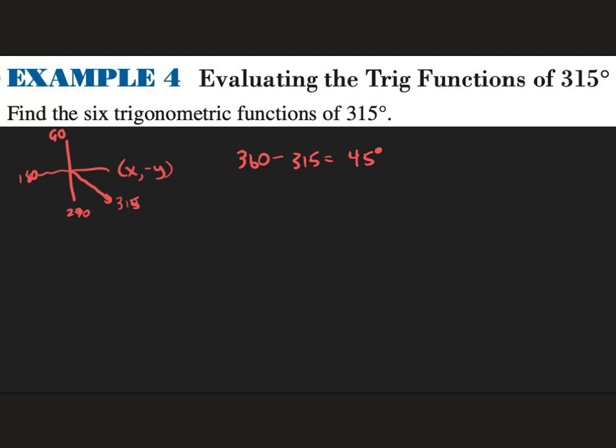And so 45 degrees is one of the special angles we talked about in a previous lesson. And so now this becomes easy. The sine is root 2 over 2, but negative.